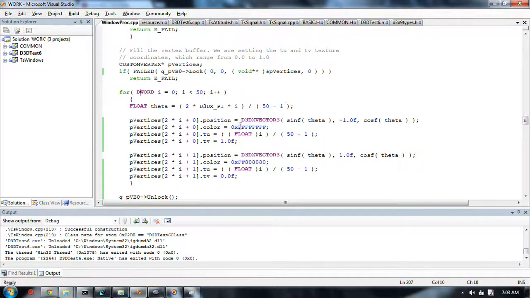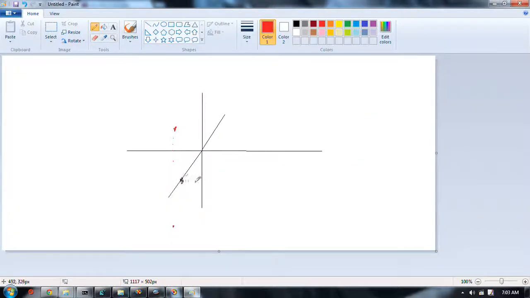Okay, then theta increases. So now x gains a little, z loses a little, and so we're moving around in a circle here. And so the next point is going to be somewhere like here. Vertex 1, vertex 2, vertex 3.